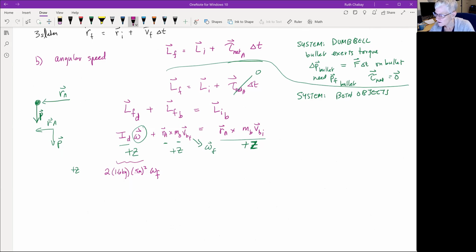And remember, we can express the speed of the bullet, which is now going around with the dumbbell, as equal to omega final times R, which is R sub A. So this whole thing turns into R sub A times the mass of the bullet times omega final R sub A times sine of 90 degrees.